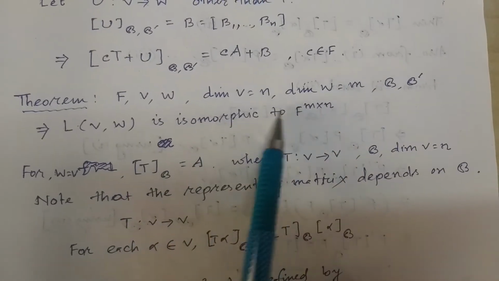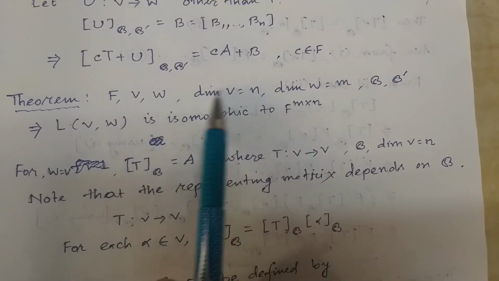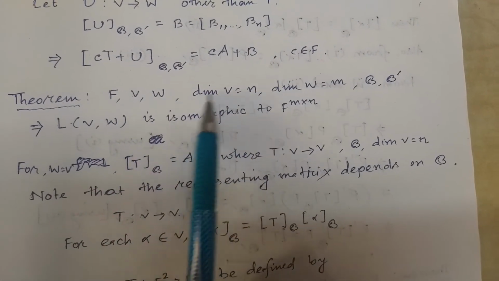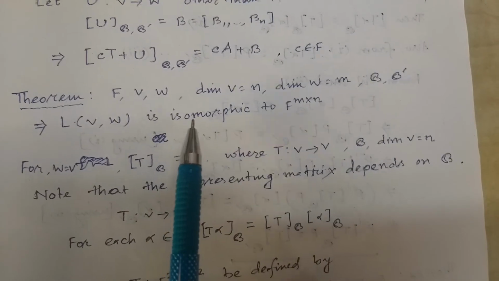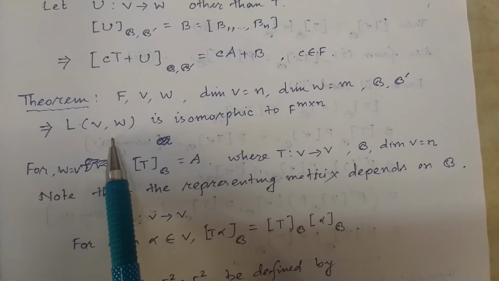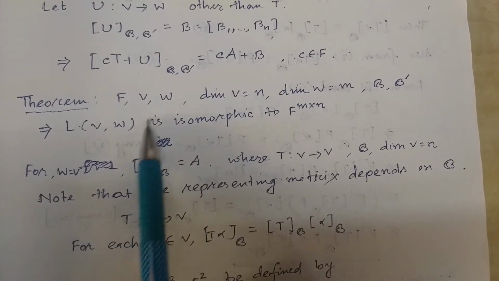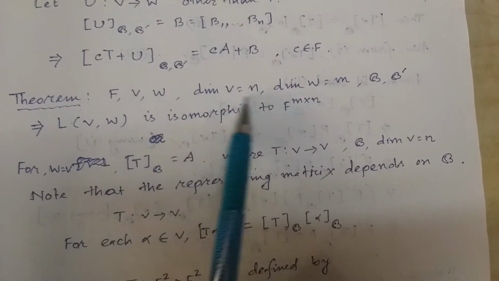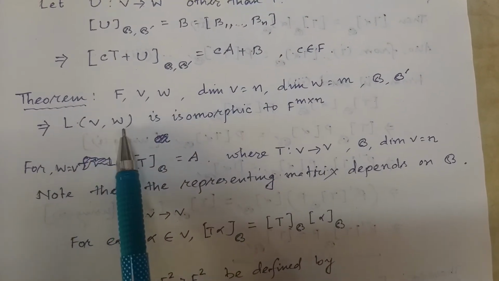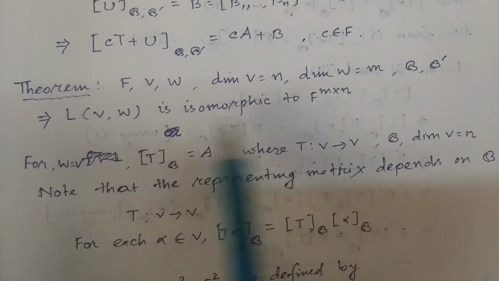You can easily prove it, because to prove they are isomorphic, you have to define a linear transformation from this to this, and then you have to prove this transformation is 1-1 and onto. Now what will be the transformation? Here the elements are any transformation. So suppose T is an element here, f is the mapping, so f of T will be the matrix representation of T with respect to B and B dash. Then you can prove that this f is 1-1 and onto.